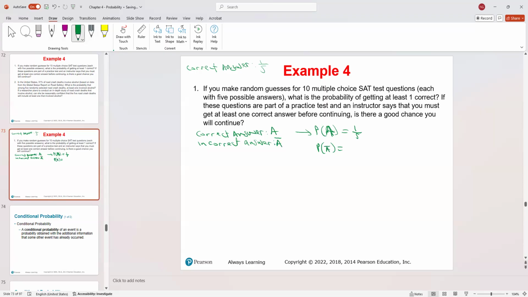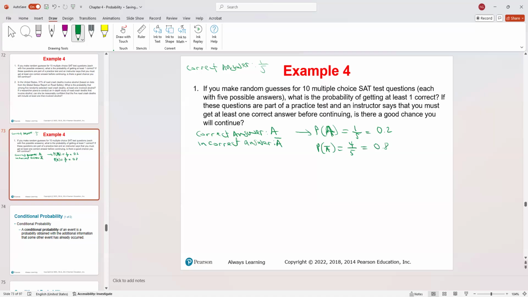You can already guess the incorrect answer would be 4 out of 5. So this one would be 0.2 if you convert it to decimal, and 0.8. 80% of the time you get an incorrect answer, 20% of the time you get a correct answer.